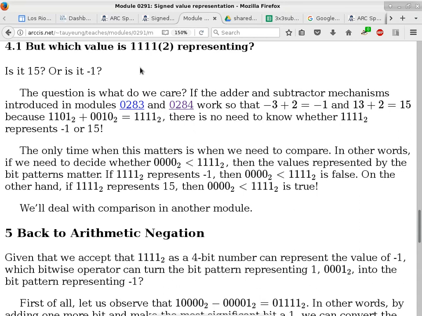When we use it for comparing, then we really have to know, because if you're dealing with signed, then 1111 is representing -1, and it is less than 0000, which is representing the value of 0. If it is unsigned, then 1111 is representing 15, which is greater than 0000, which is always representing 0 itself. So it's only when you compare that we really need to know whether we are dealing with signed or unsigned.